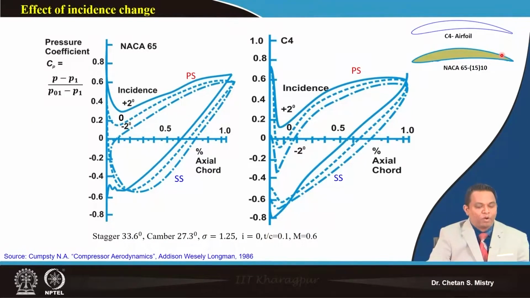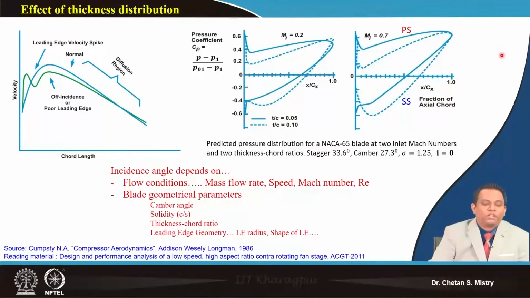Okay, now let's try to understand the effect of other parameters. This represents my CP distribution for a particular kind of aerofoil, a NACA 65 aerofoil, with stagger angle 33.6, camber angle 27.3, solidity 1.25, and this is my design condition.